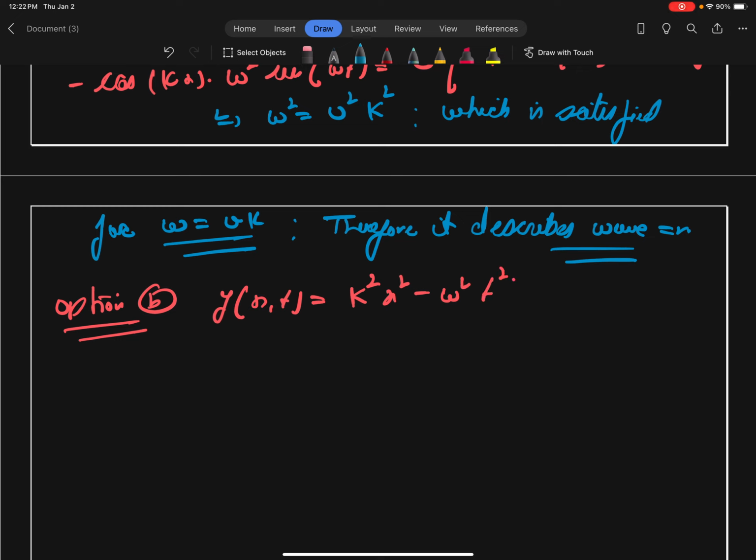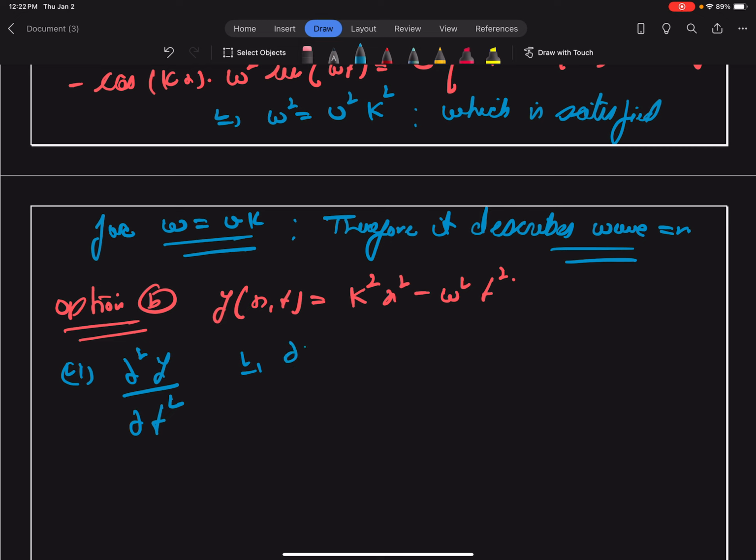And let us find out the double derivative. First part, with respect to t square, it is a simple calculation for each part.